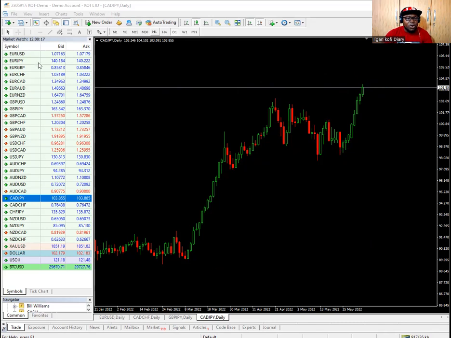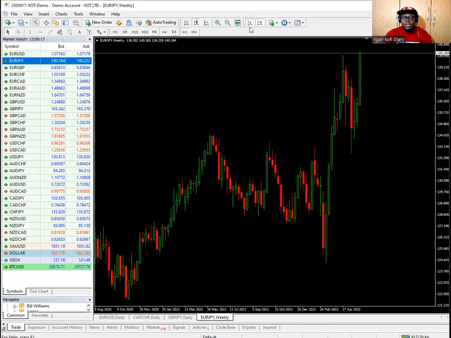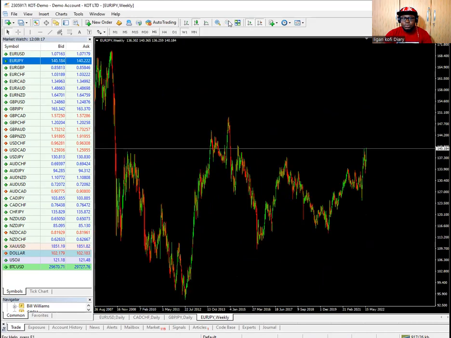Now let's go for Euro JPY also. If I go to the weekly time frame, this is Euro JPY. Let me zoom. If you look at Euro JPY at the moment, we are seeing an uptrend movement.